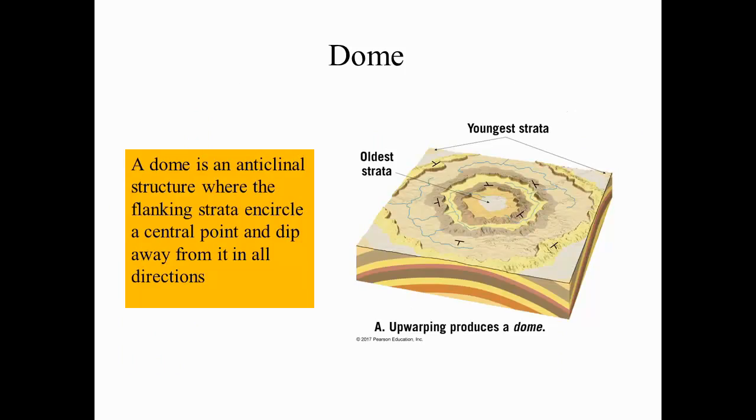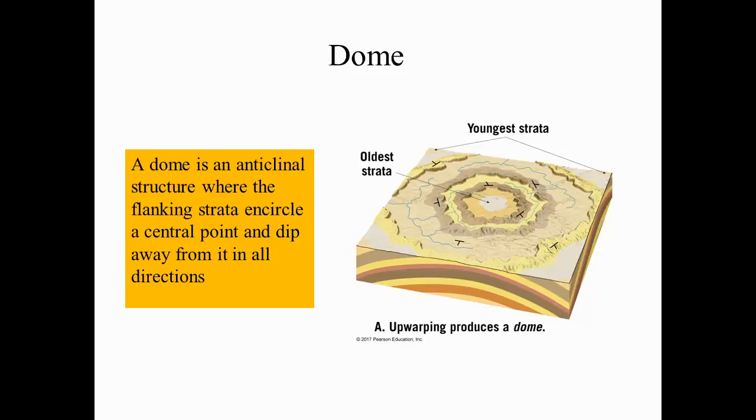But there are some notable differences between these two structures. For one thing, a dome is an anticlinal structure where the flanking strata encircle the central point and dip away from it in all directions.